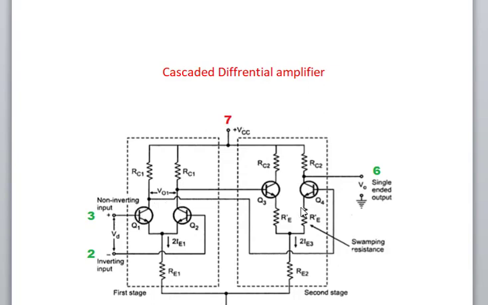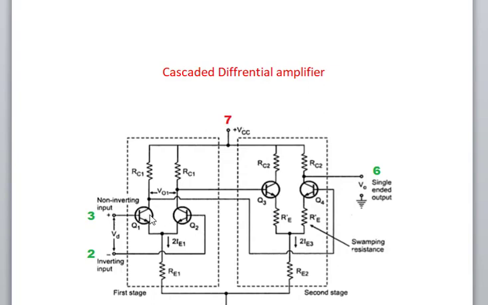So the two differential amplifiers are cascaded in the operational amplifier. The output of the first transistor Q1 is given as the input to the base of the transistor Q4. In the same way, the output of the transistor Q2 is given to the input of the transistor Q3.